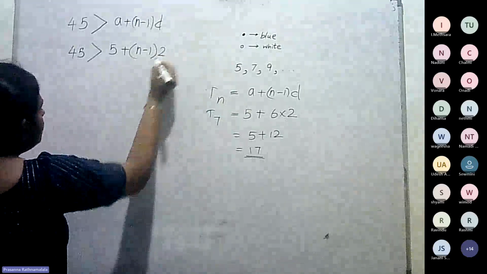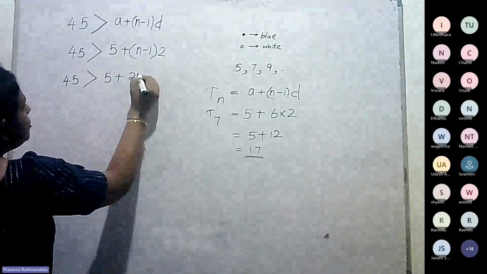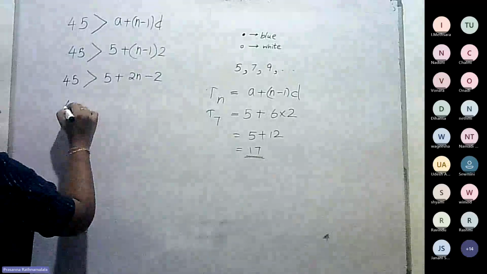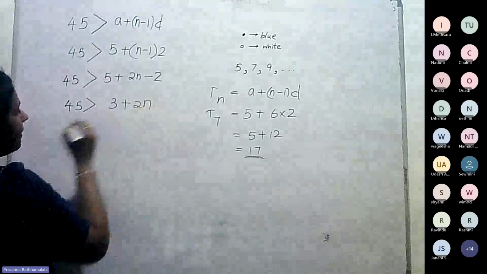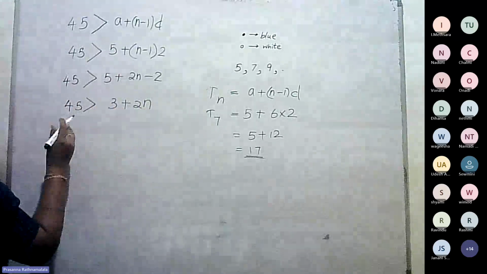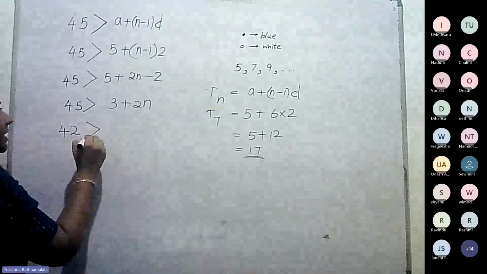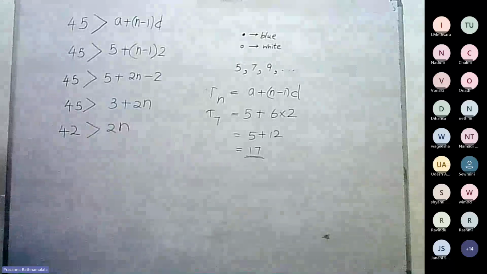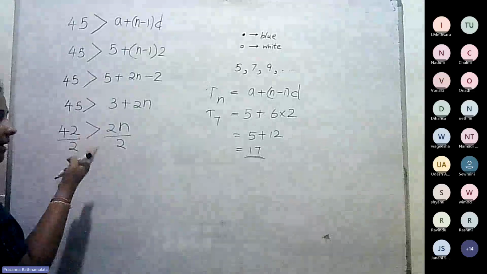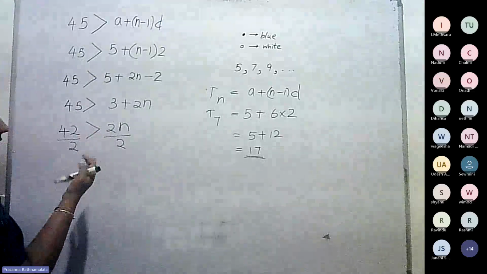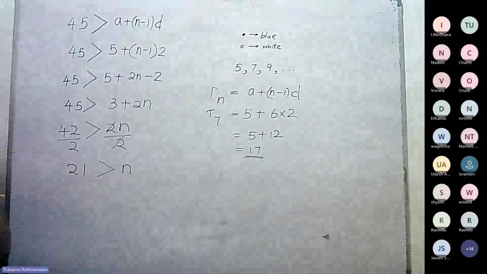The common difference is 2. Then 45 greater than 5 plus 2n minus 2. Then 45 greater than 3 plus 2n. Then you move this 3 to the other side, so it becomes negative 3. 45 minus 3 is 42, greater than 2n. Then you can divide both sides by 2. We can use the same axioms that we used to solve the equation. Then the 2 gets cancelled, remaining n, this is 21.